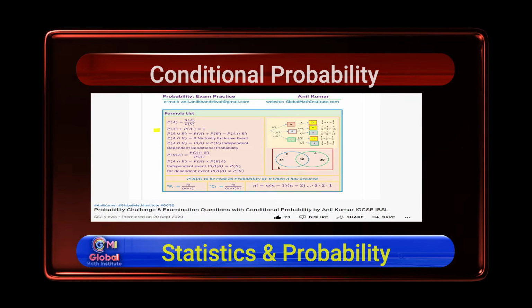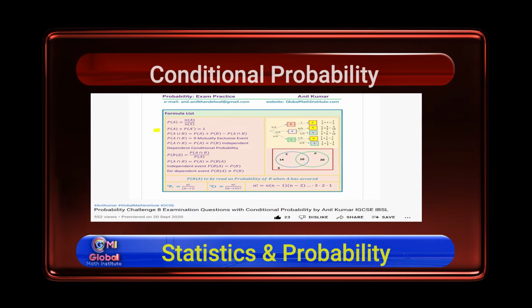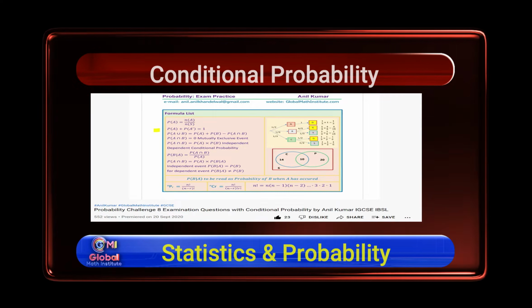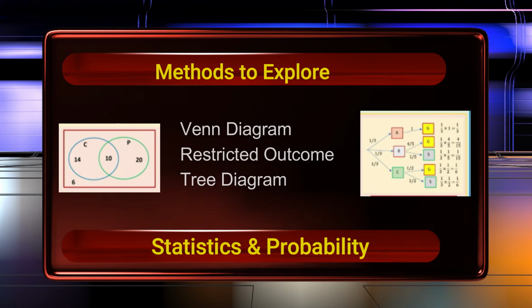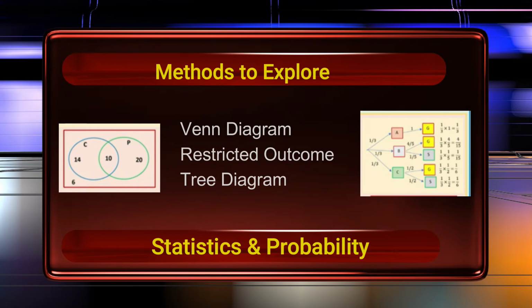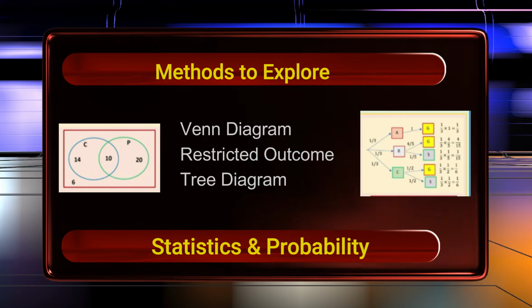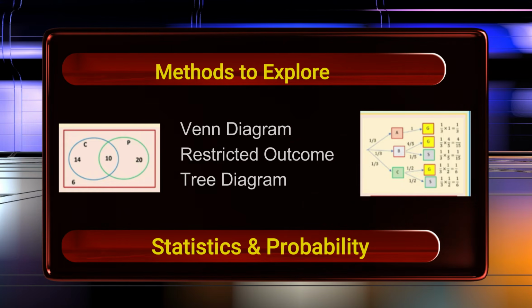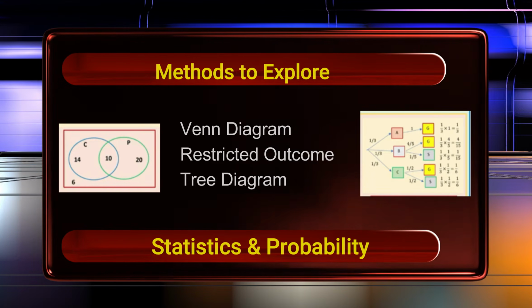This is an excellent video where we are having a lesson on statistics and probability. I'm going to discuss at length how we find the conditional probability when two or more events are given. We'll look into three different ways.